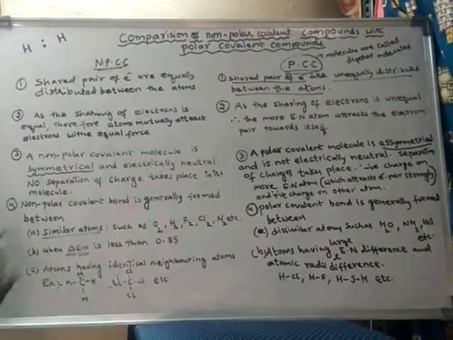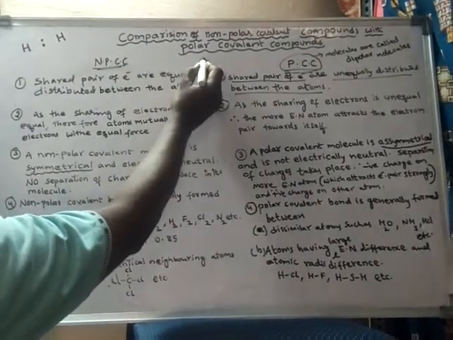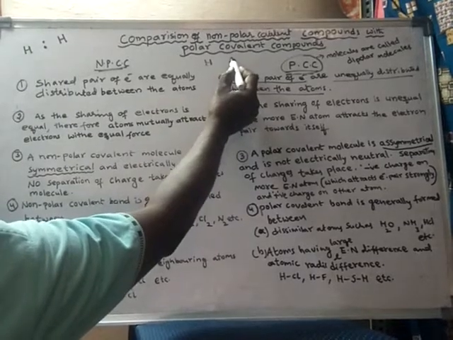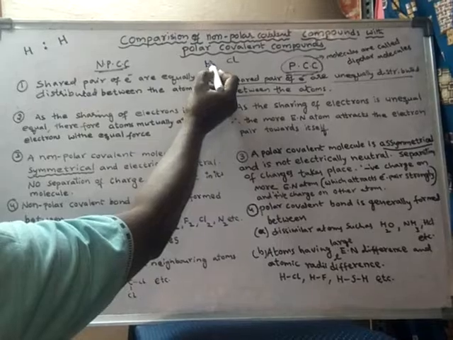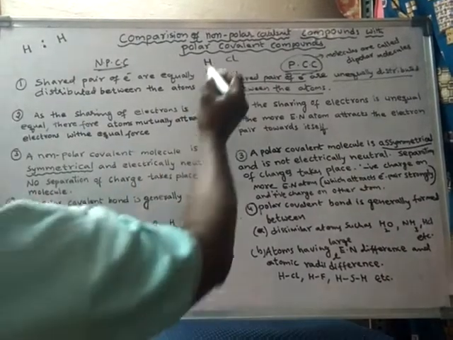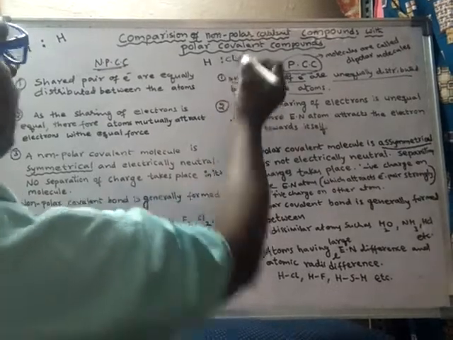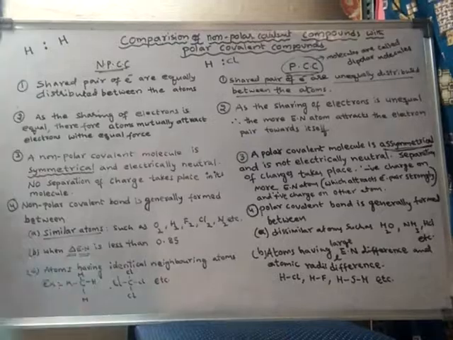But in HCl, the electron pair is unsymmetrical, or asymmetrical.